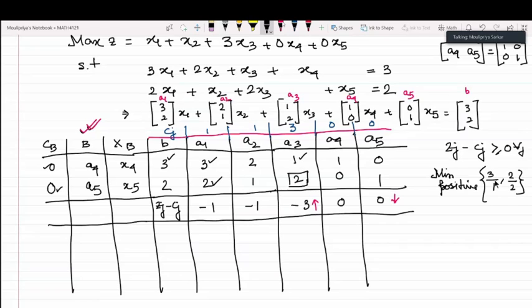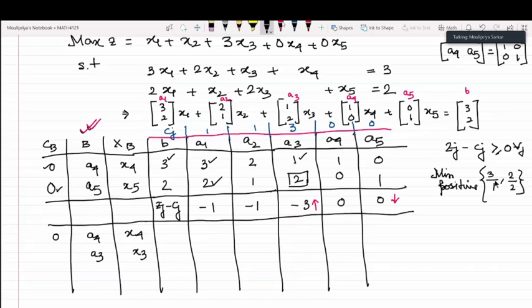Then, if A5 is going to leave the basis, that implies in the revised format, the first column would be 0, A4, X4 so far. In the second column, instead of X5, we are going to write X3. Instead of A5, we are going to write A3.